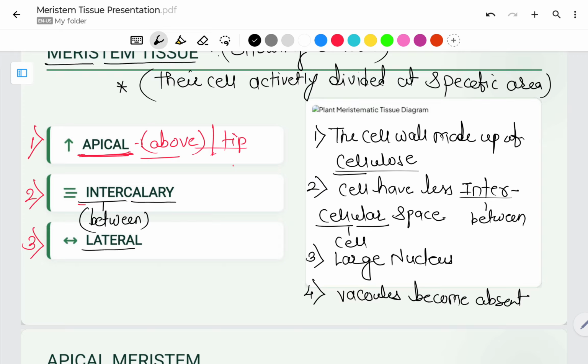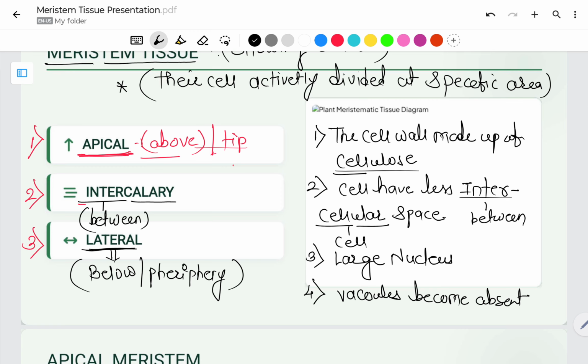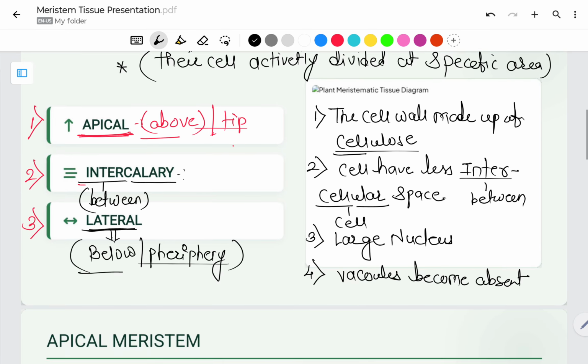Lateral means below or the periphery, away from the center. Apical tissue is located at the tip position of the plant, in the root and stem. Intercalary is between the node and internode. Lateral meristem is at the periphery of the stem.